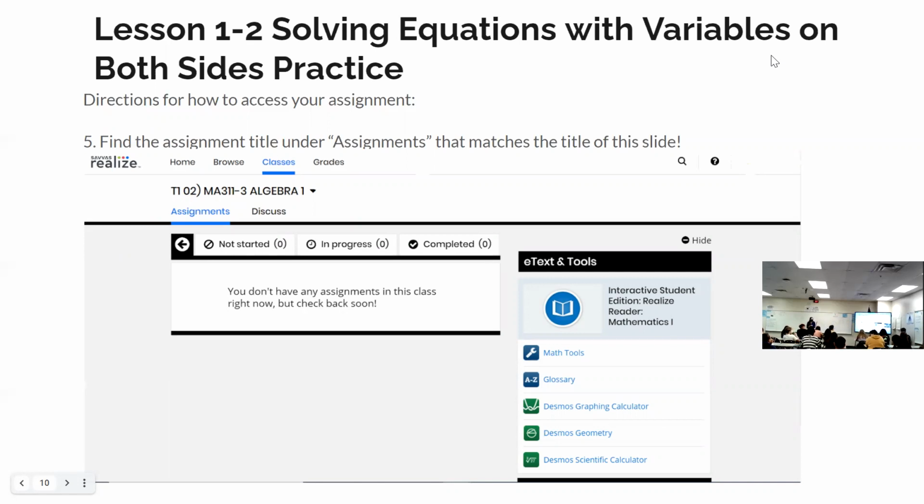Because with that extra support at the bottom, the show me an example and help me solve this, there's really no reason you guys should be getting less than 100% on those. So if you are, make sure you start working to get a higher score, actually going through all the problems, trying to get the right answer so that you don't get marked off on your homework.